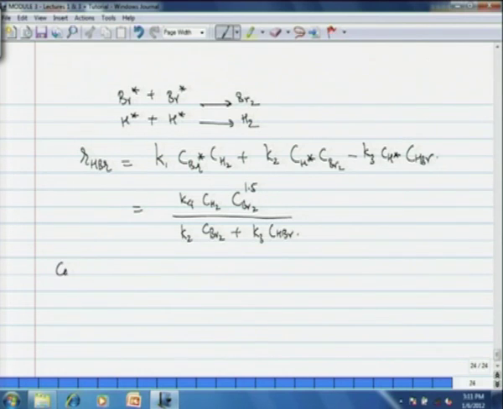How do we contrast the elementary and non-elementary type of reaction?